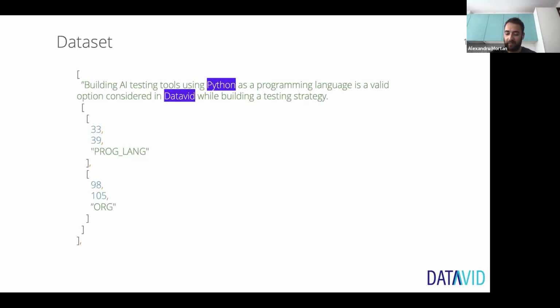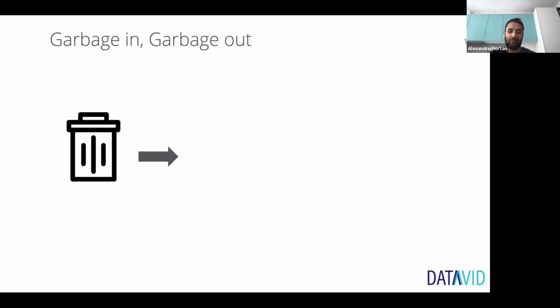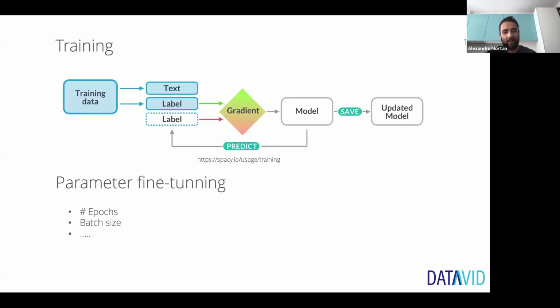Because there's a concept saying garbage in, garbage out. You can have the perfect model, but if your data is bad, then your model is just going to learn the things that were wrong in your data and use them further in predicting. So if you're not careful on how you manage your data set, the named entity recognition is not going to work.